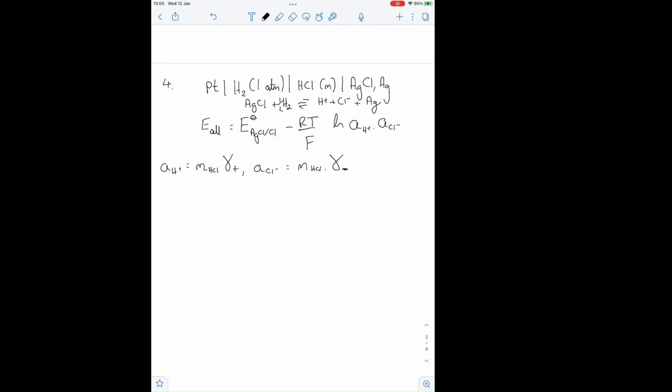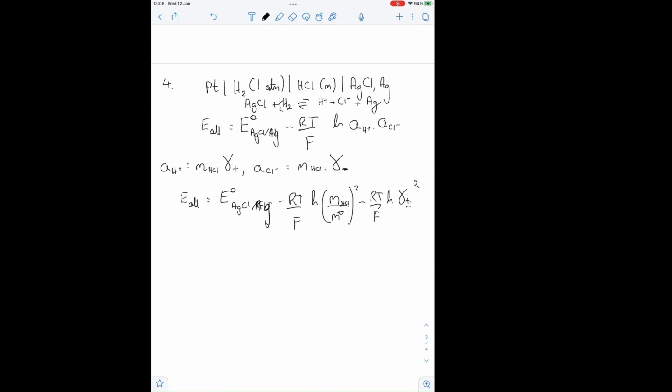Okay, so if I substitute this into the equation above, I get that E cell equals E standard AgCl/Ag, horrible writing here, minus RT over F log the molarity of the HCl solution, strictly over M standard, 1, so that you're not taking log of something with units, squared, minus RT over F log the activity coefficient of plus times the activity coefficient of minus, or the activity coefficient plus-minus squared.